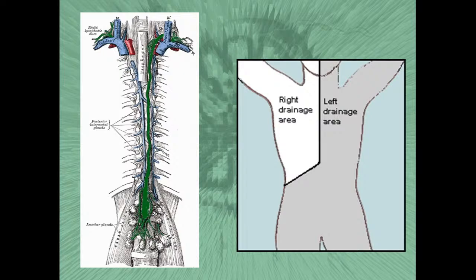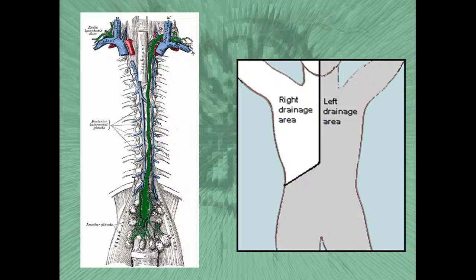In the place of merging of these lumbar trunks, the expansion is formed. It is known as the cisterna chyli. After that, in the abdominal cavity, thoracic duct receives as well the intestinal trunk if it is present.